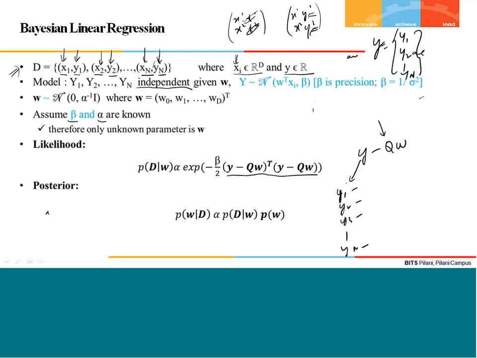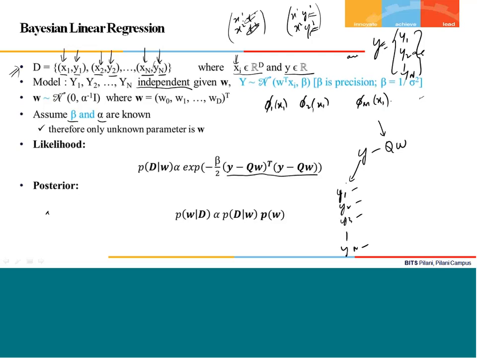If I am using my basis function, this is phi1 x, phi2 x, and this is my first sample. Let's say I have m dimensions.